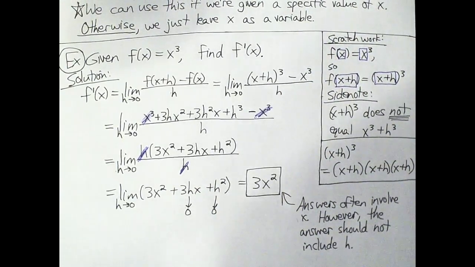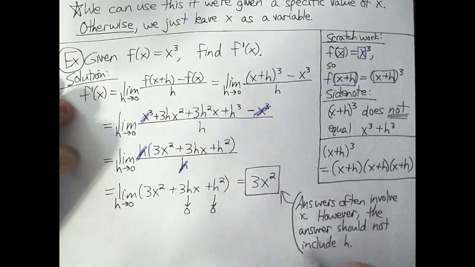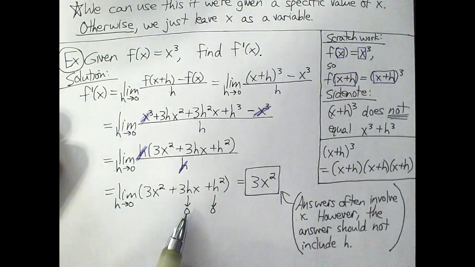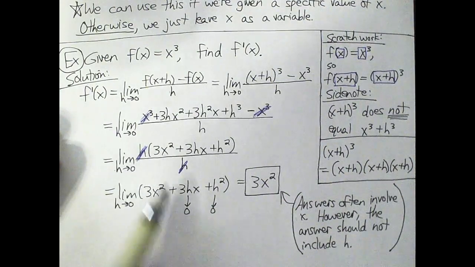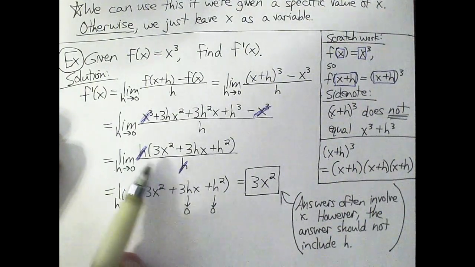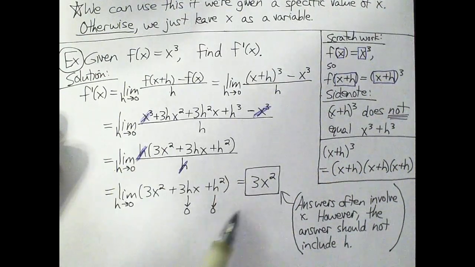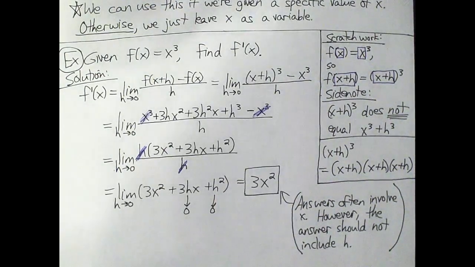So you don't want to see any h's in your final answer. I'm saying this now as a heads up, something to watch out for. All the h's went to 0, or they either went to 0 or they canceled out in a previous step. Some things cancel out, some things go to 0. By the time you get to the end of the problem, there's no h's left. There could be x's, though.